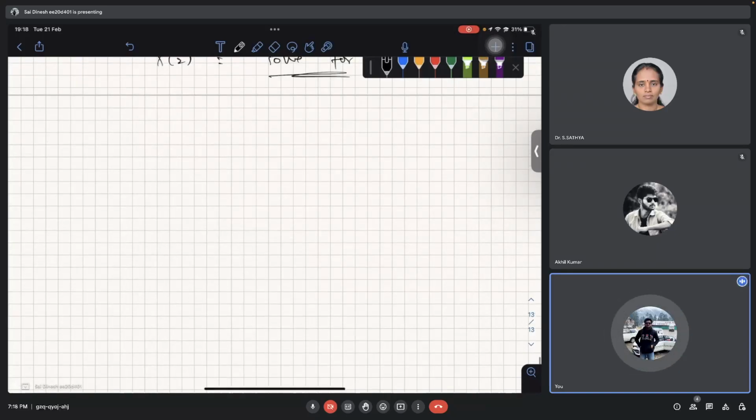Now 10th question. What he's saying is consider the figure shown. He has given a figure, saying that there is 1 zero here, and then let's just make it bigger.